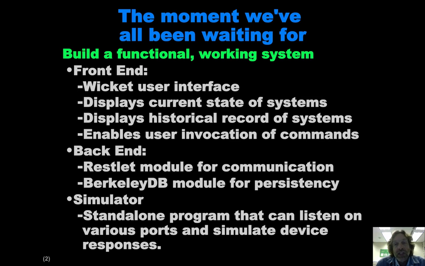So the back end actually comprises two kinds of systems. The first is a RESTlet-based system which will use a REST API to communicate back and forth with the actual devices in the house, and it will also have a database module in it that will support persistency.